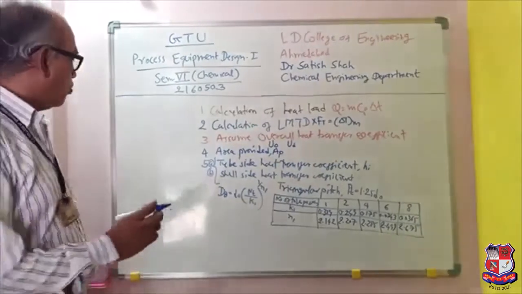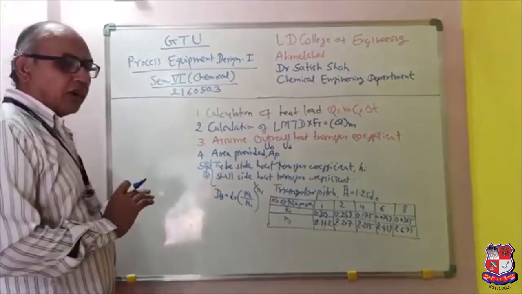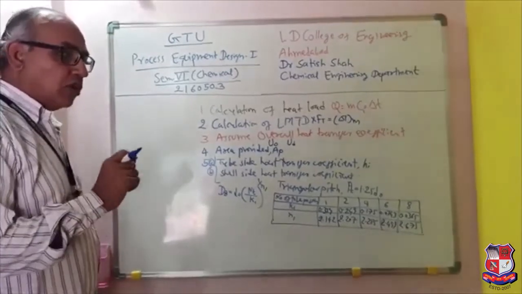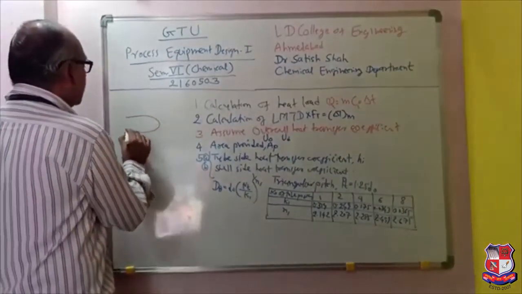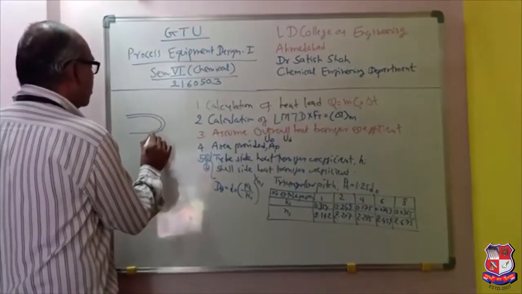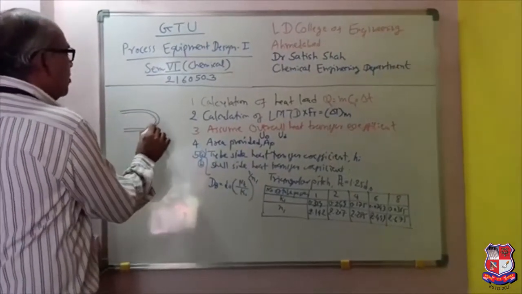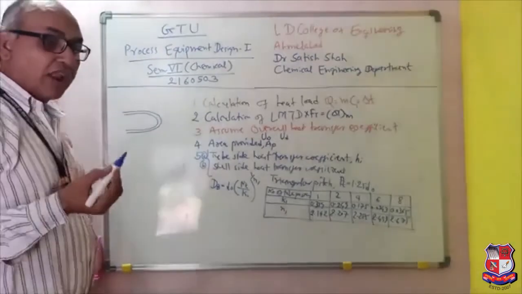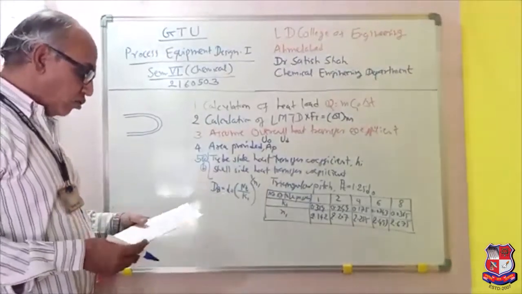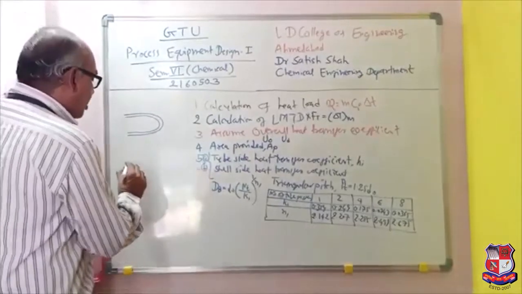Because when I am using 2 pass, I am just putting the pass partition plate. But when I am using U tube, the shape of the tube will be something like this. Because of the limitation of manufacturing practice, I need more diameter. So in case of U tube, my formula will be slightly different.